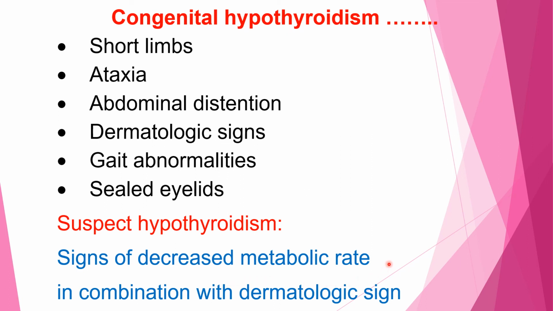We have already seen that in detail, and in conjunction or in combination with dermatological signs, that also we have seen. So these two groups of signs are characteristic to suspect hypothyroidism in dogs.